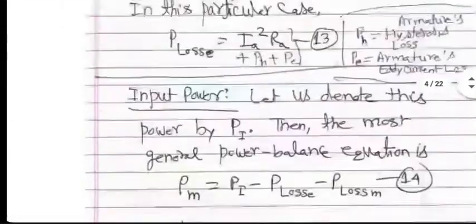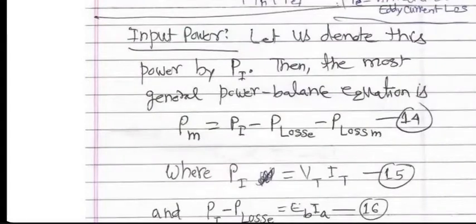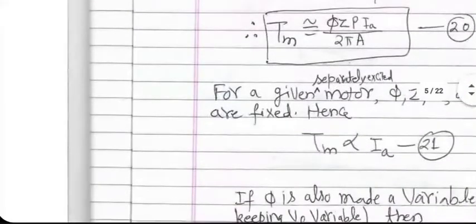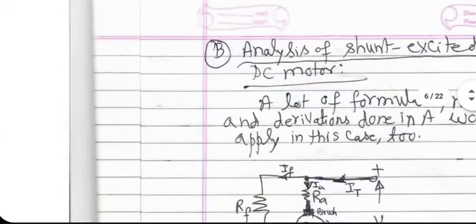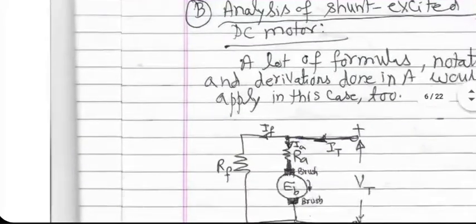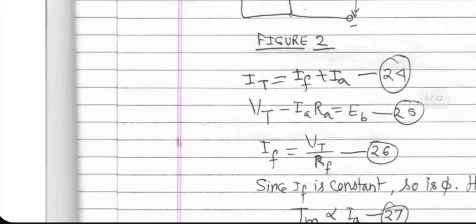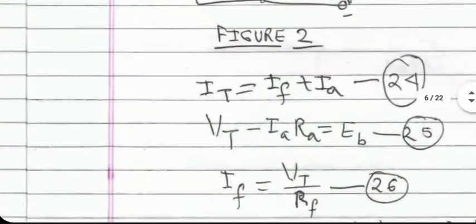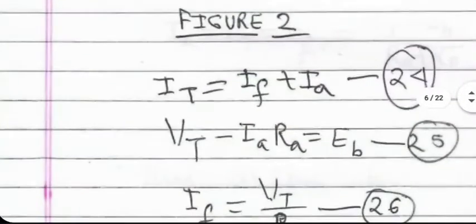Let me pull up the equation, then we'll talk. The value of IA is Vt minus Eb and the entire thing divided by Ra.